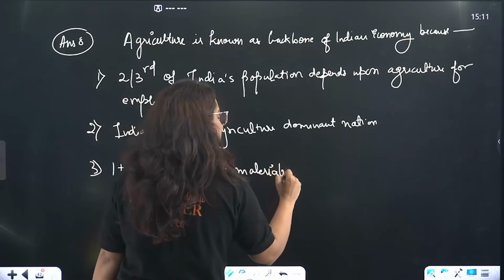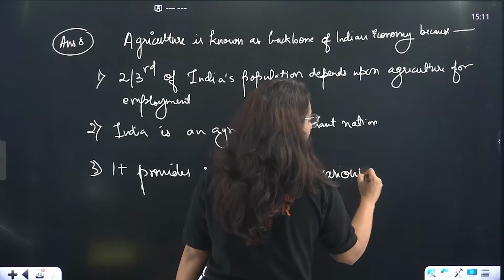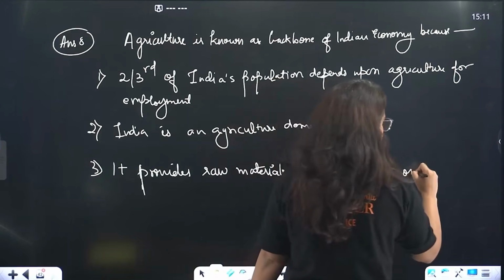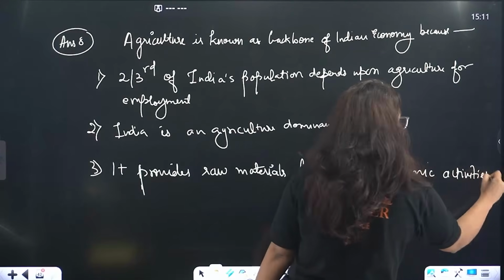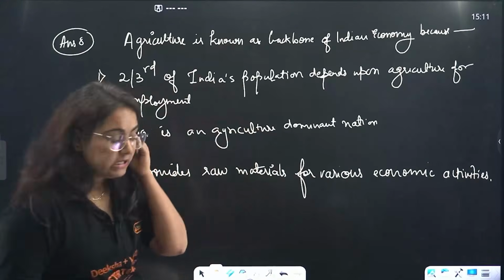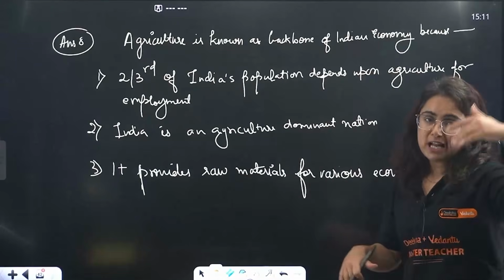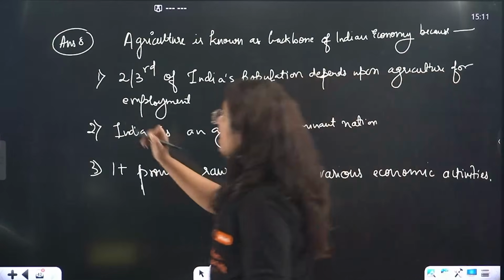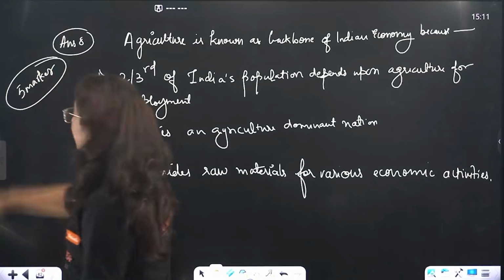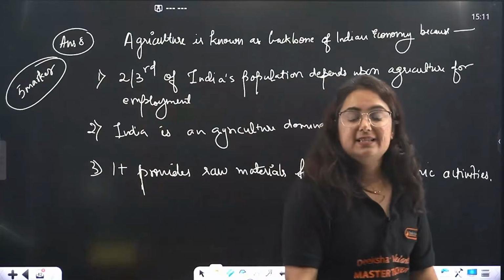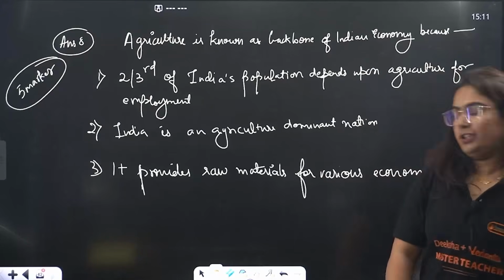It provides raw material for various, okay, for various economic activities, right? So it promotes industries, food industries, and lot of things also. So I just added 3 points. You can add more. Make it an answer for a 5-marker question. I need 2 points to be added by you. Get it? And this is how we solve the last question of this entire chapter.